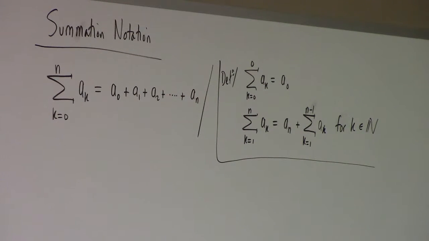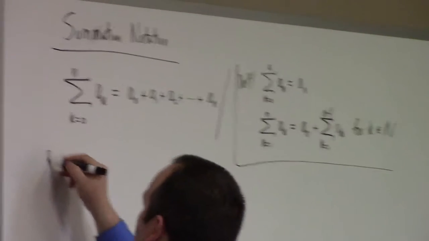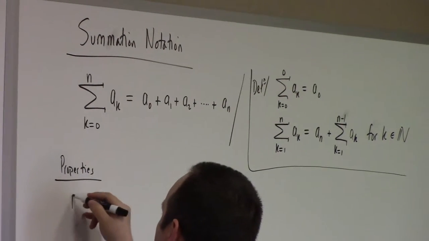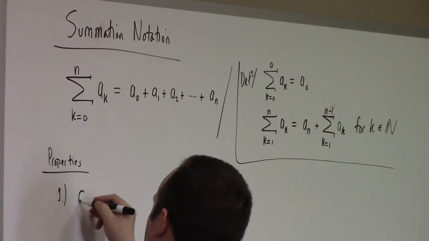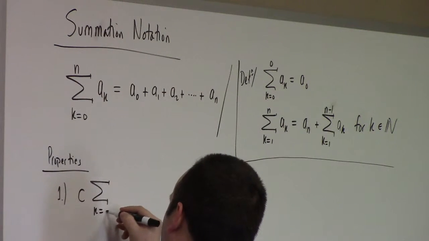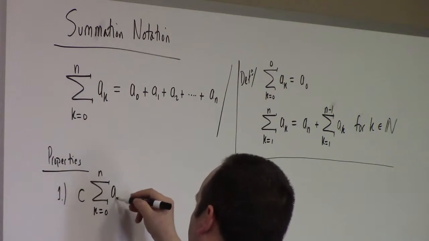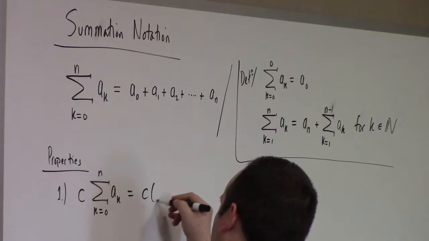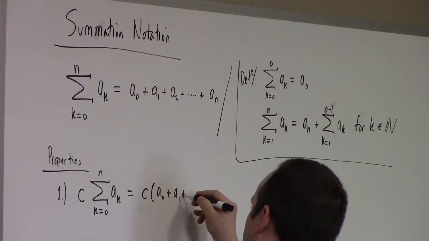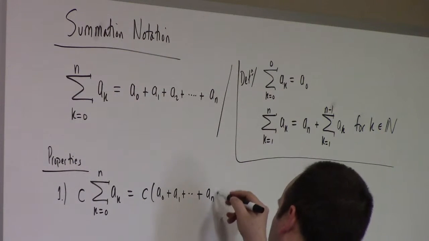Probably the two most important properties of the finite sum. Number one, if I have a constant times the finite sum, right? That's like a constant times a naught plus a1 plus da da da plus an.